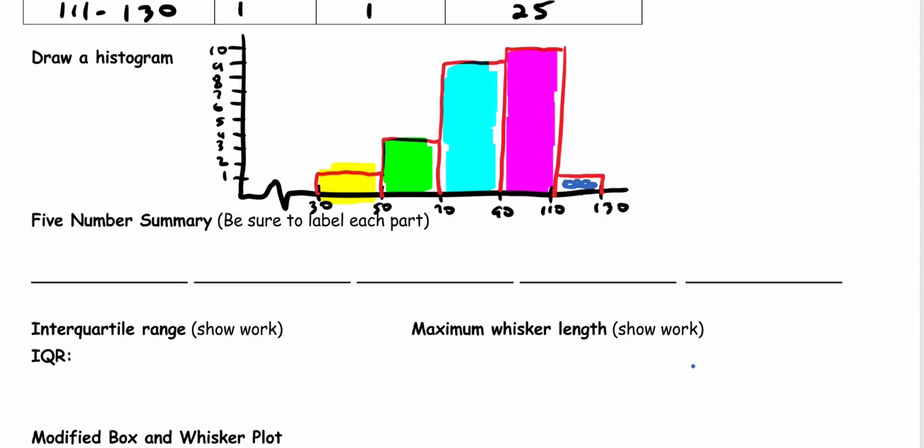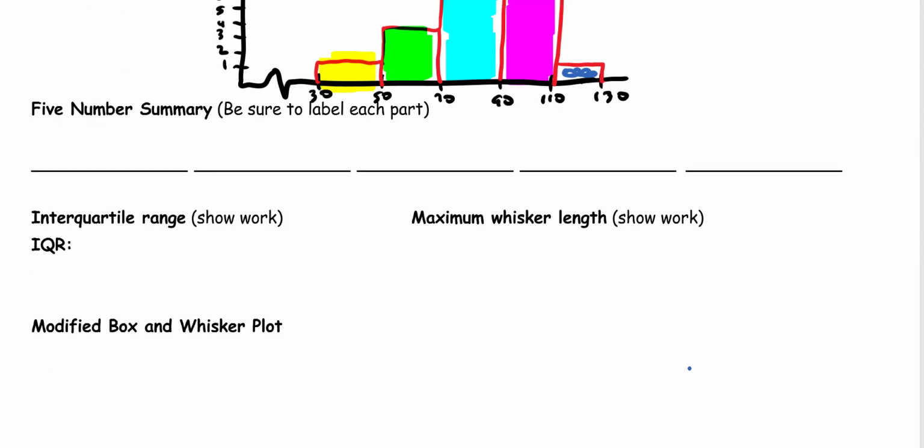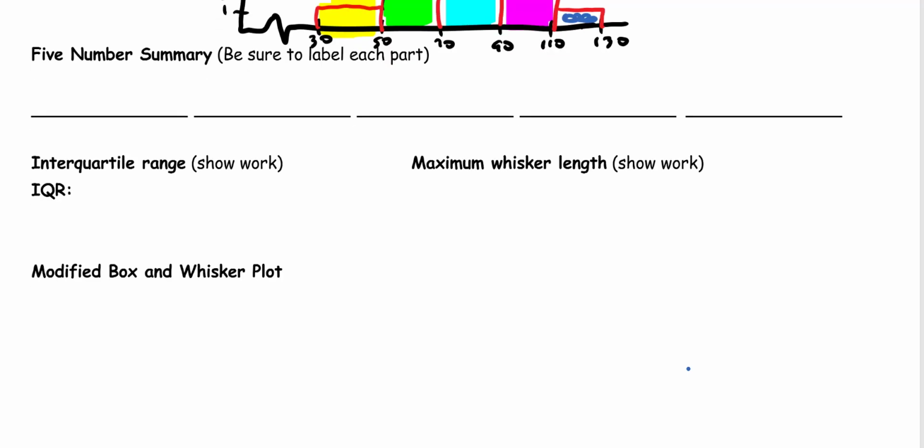All right, so now we get on to the modified box and whisker plot. Okay, so it's got to be a 5-number summary. So we already have some of our stuff here, right? Let's label this minimum, and this is maximum, and this is median, and this is going to be Q1, and this is going to be Q3.